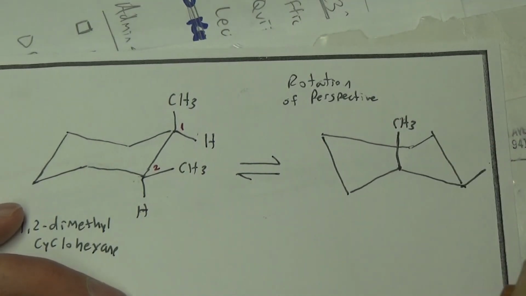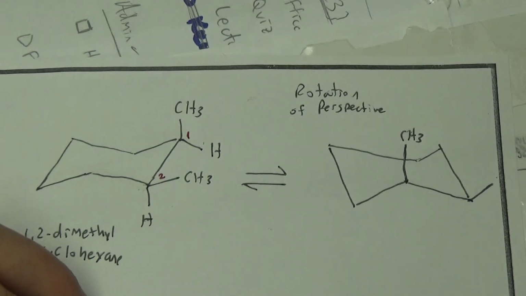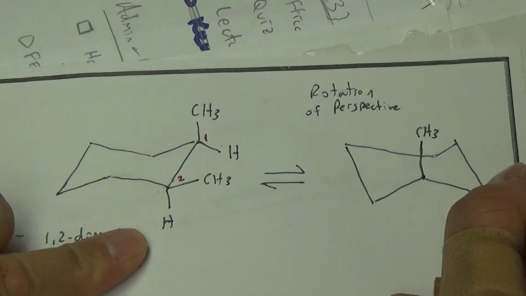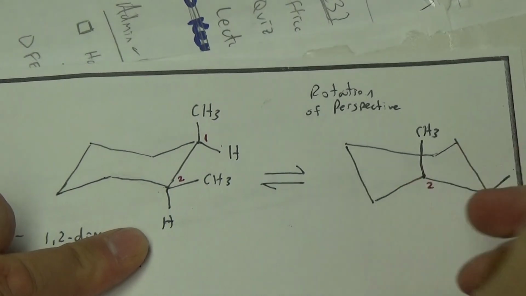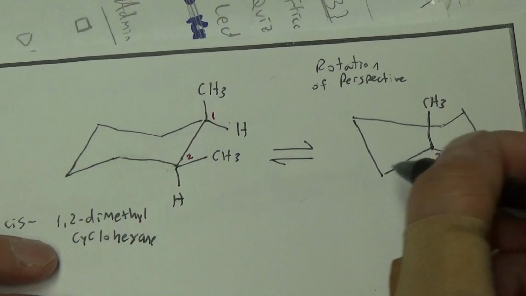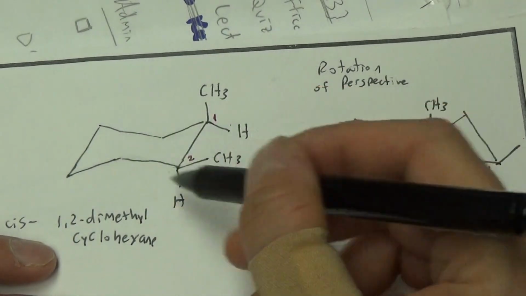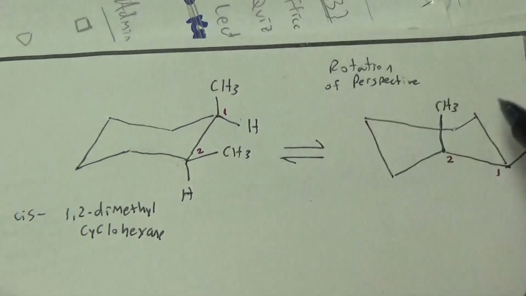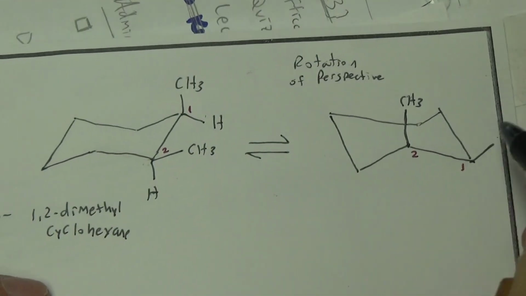Okay? Here's my 1 and 2. So we kept the same orientation, clockwise around the ring, clockwise around the ring. What I'm trying to say is don't go from clockwise here to counterclockwise here. Keep the same orientation.